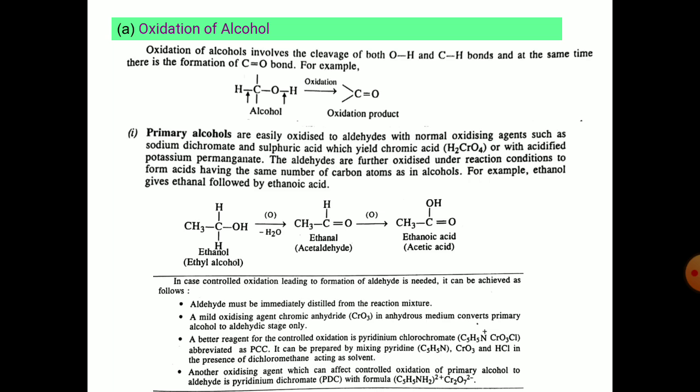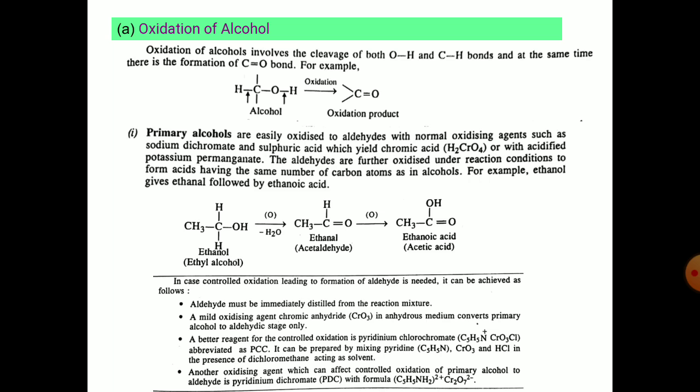The aldehyde must be immediately distilled from the reaction mixture. Number 2, the mild oxidizing agent chromic anhydride in anhydrous medium converts primary alcohol to the aldehyde stage only. If you take chromic anhydride, then no acid will be produced, only the aldehyde stage will form.